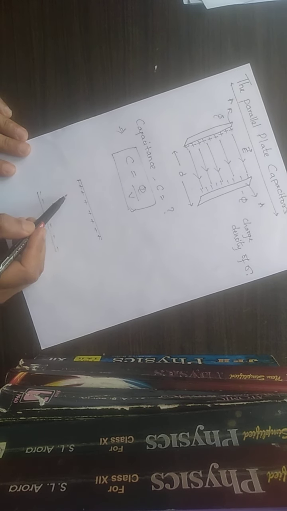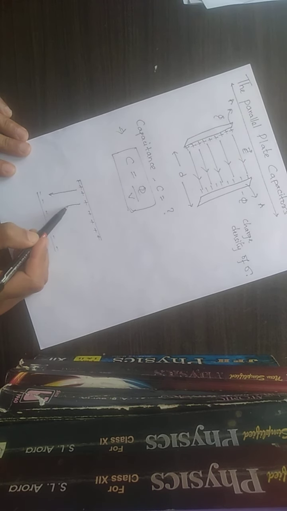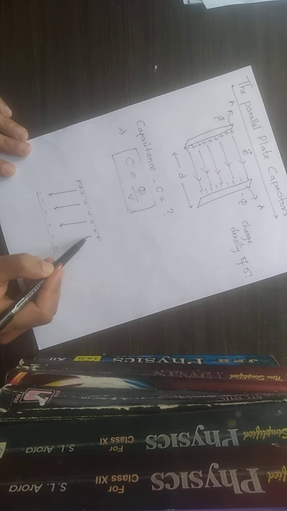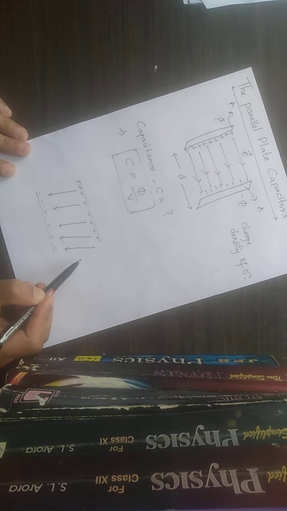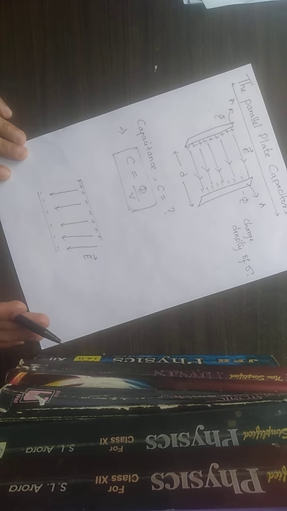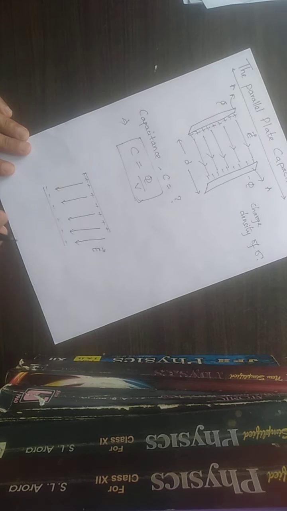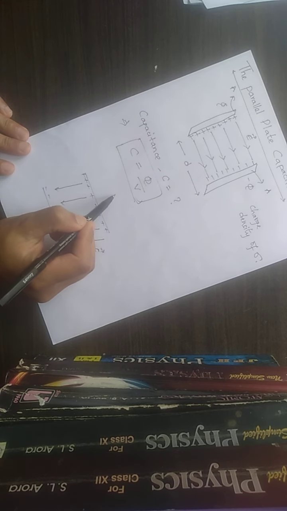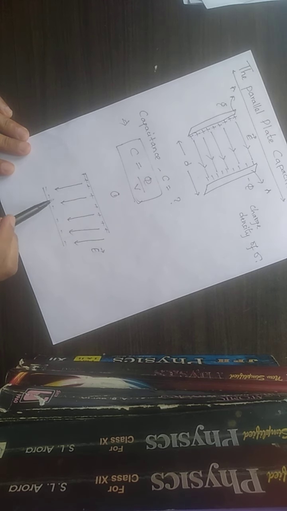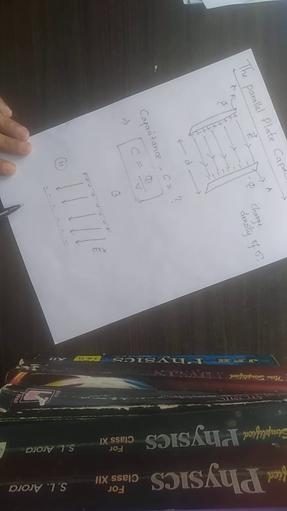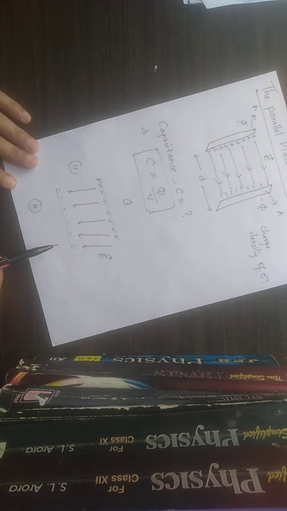I am going to divide this parallel plate capacitor into three regions. One, above the positively charged plate. Number two, between the plates. And number three, below the negatively charged plate.